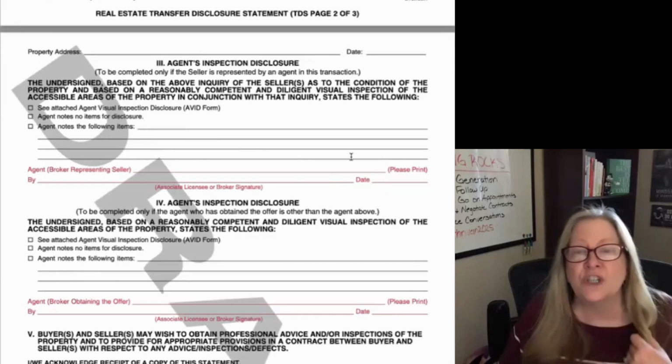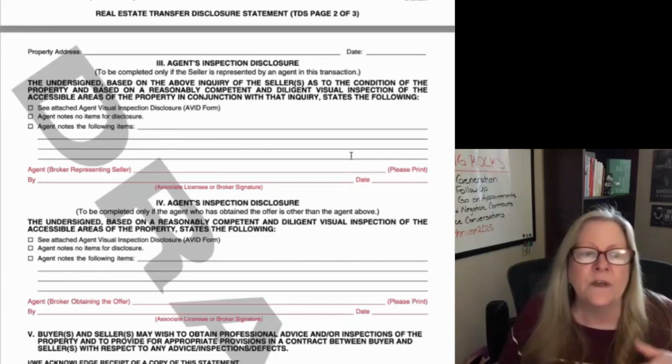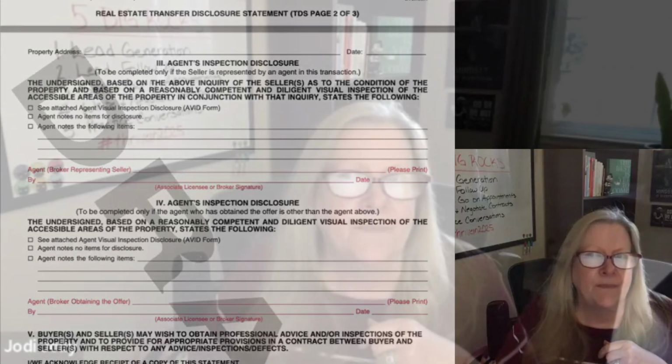But there's no changes to the actual form itself, just how they're formatting the signatures. Just in case somebody's used to doing something, it's good to know that. And then the same thing, there's a change on the SPQ that I will show you.